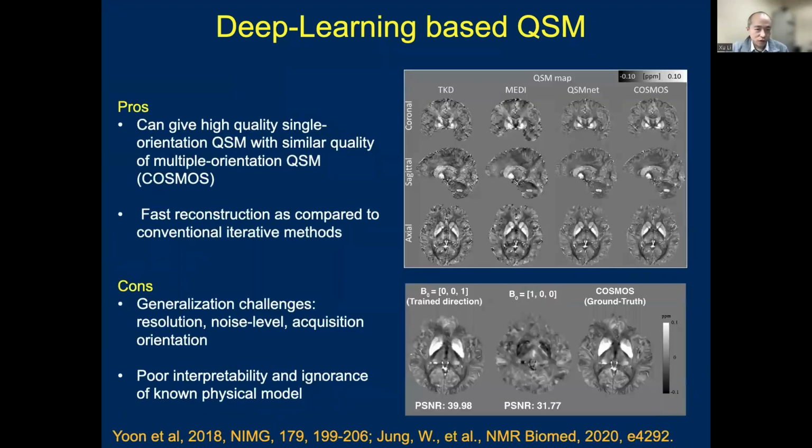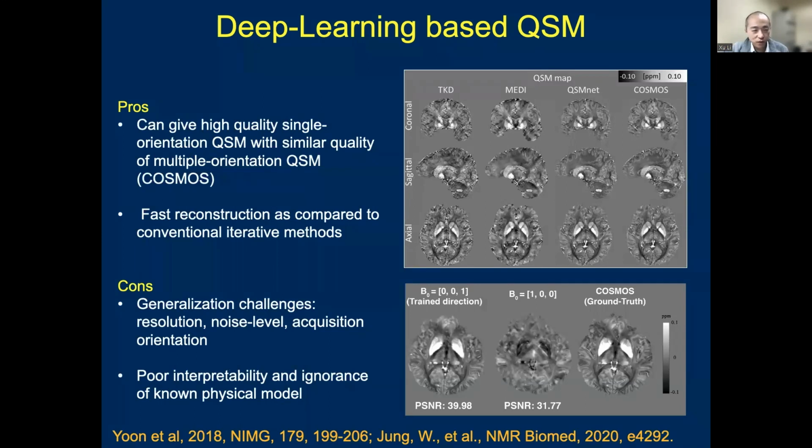Of course, deep learning based QSM has a lot of advantages. It can create high quality QSM reconstruction with minimal artifacts and no over-smoothing, especially when the network was trained with the gold standard COSMOS labels, and the calculation is super fast.